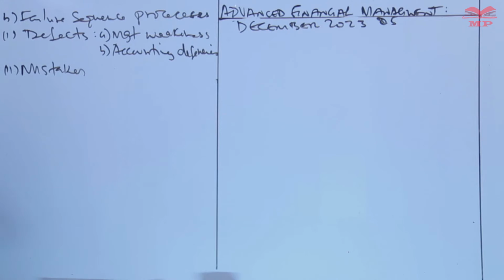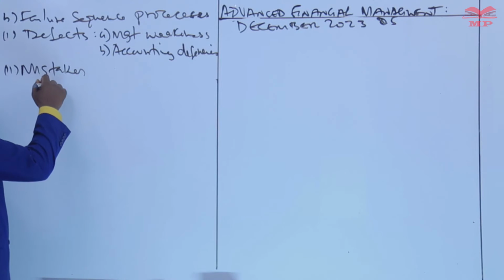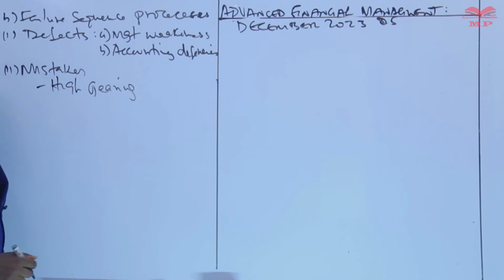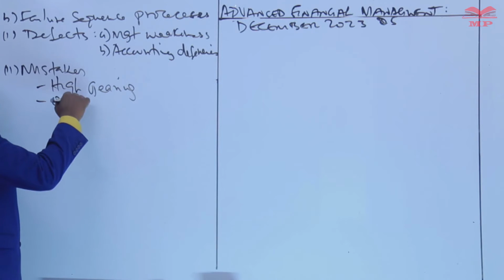I've given examples of high gearing. High gearing is excessive borrowing that leads to high interest payments and financial vulnerability. Overtrading.